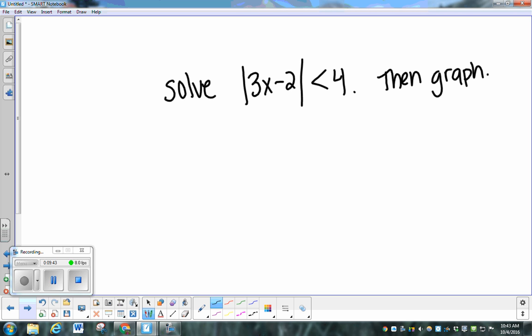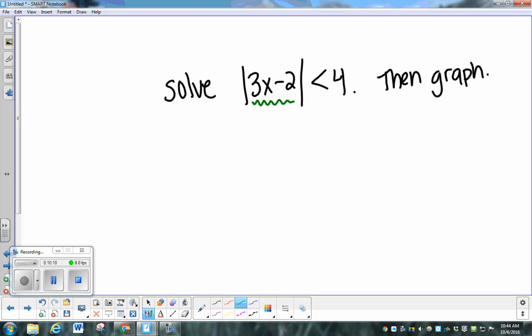Okay, so on this one we have an absolute value being less than. That means the distance from whatever this ends up equaling, 3x minus 2, to 0 is less than 4 units total. So the distance from this amount to 0 is less than 4.